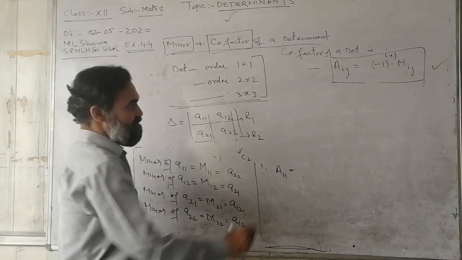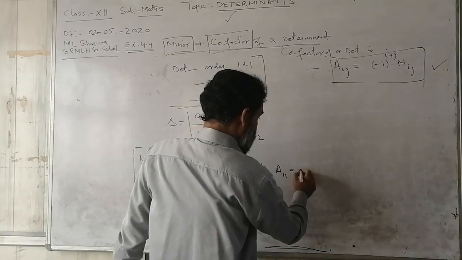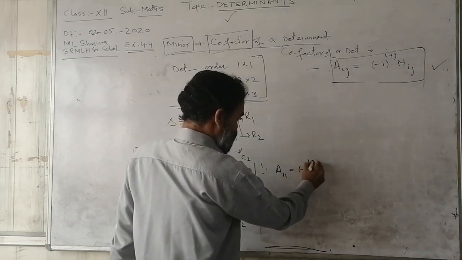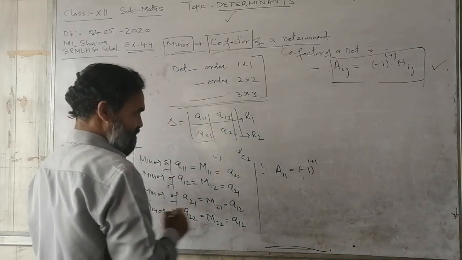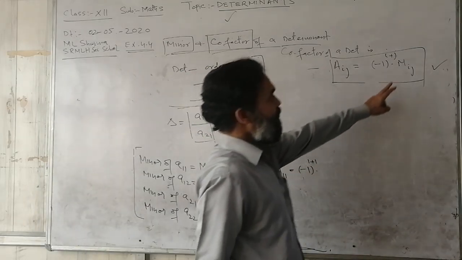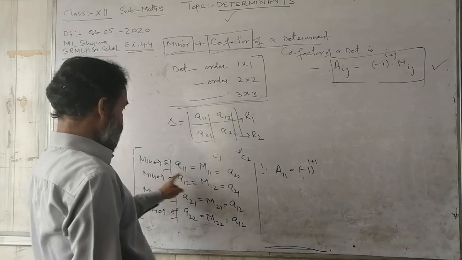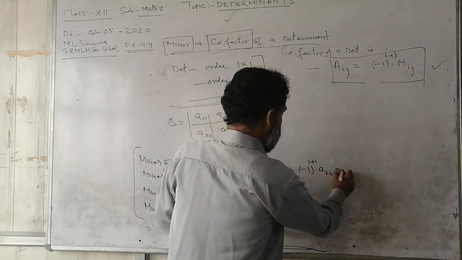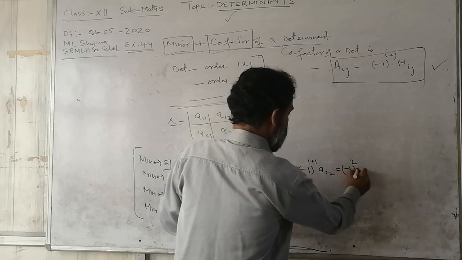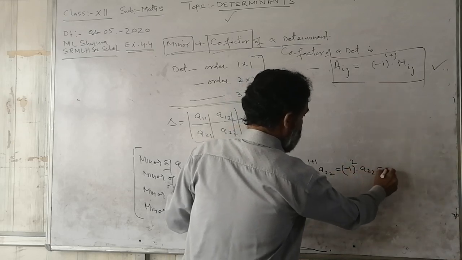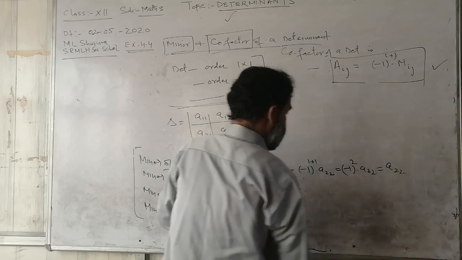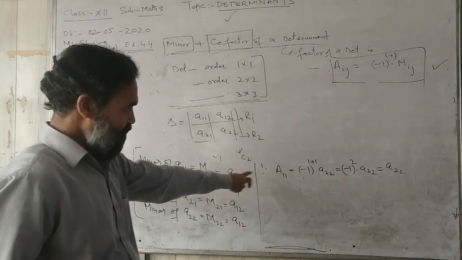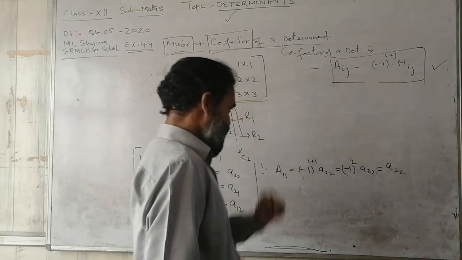So cofactor of this, according to this formula, (-1) to the power i plus j, where i is 1 and j is 1, so 1 plus 1 I will write here, into the minor. What is the minor of this? It is A22, that is (-1) to the power 2 into A22, that is A22. So the minor of this A11 is this A22 and the cofactor is again this.